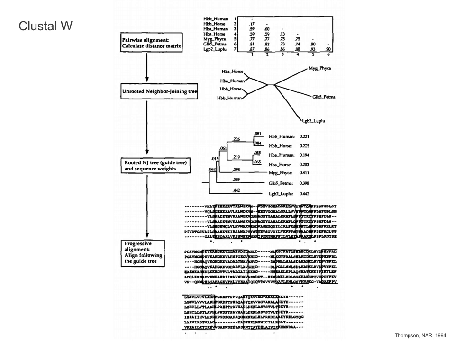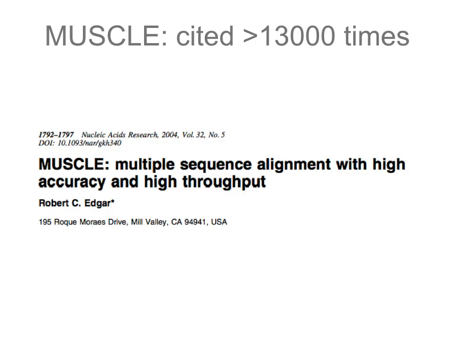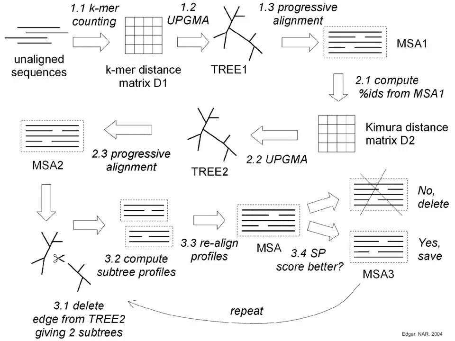There are other tools. A competitor to ClustalW is MUSCLE. It's also very highly cited, over 13,000 times. And MUSCLE follows a more refined strategy, as is depicted here.